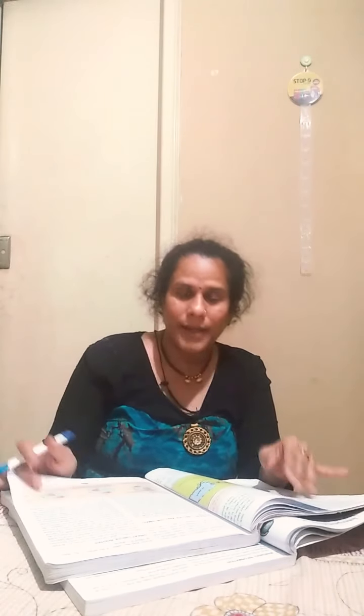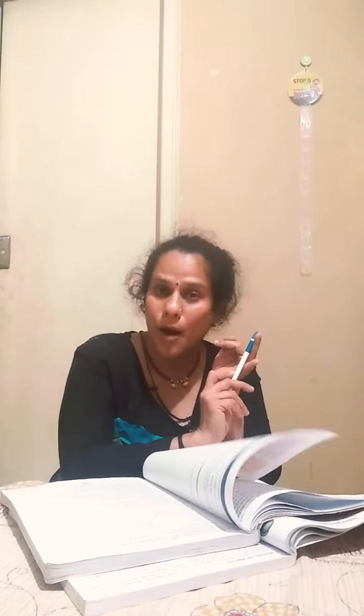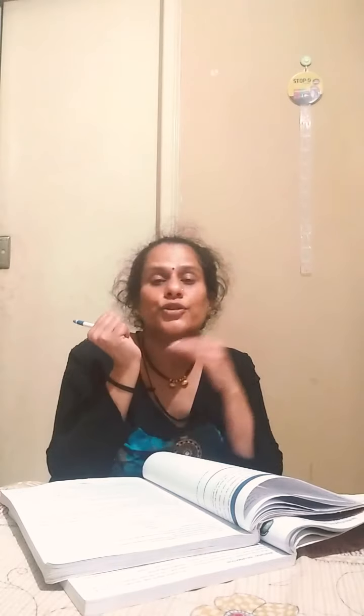So today I spoke about the latitudes, the longitudes, IST, the heat zones, how many latitudes there are, and which one divides the earth into the northern and southern hemisphere.